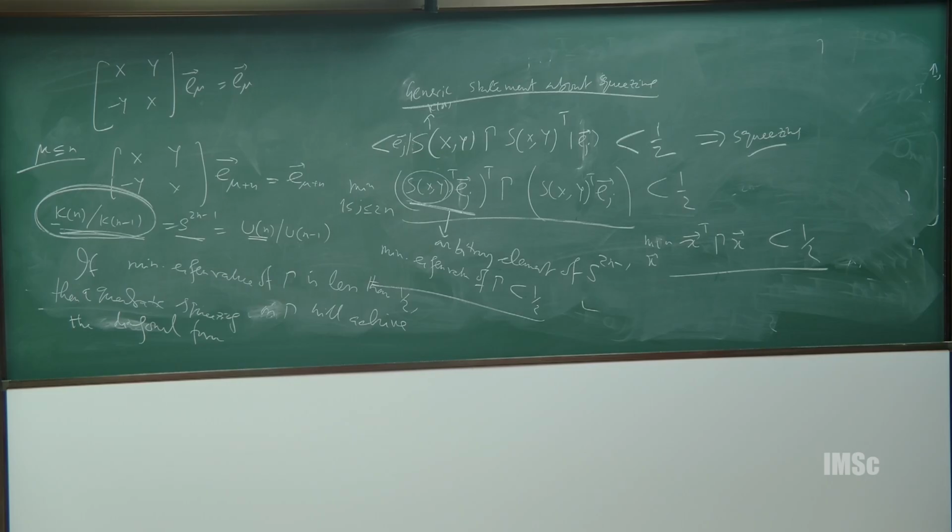So if we find that it's not squeezing, then it cannot be achieved by a quadratic Hamiltonian which we have considered. It may be something else, but it is not achievable by a quadratic Hamiltonian.